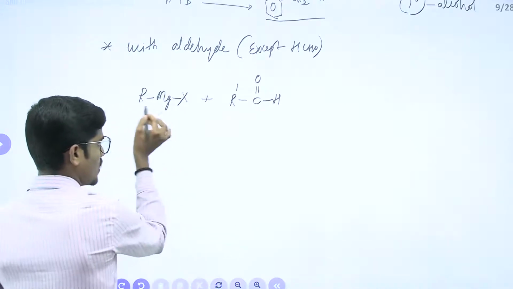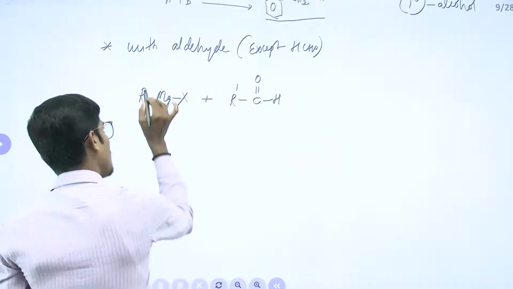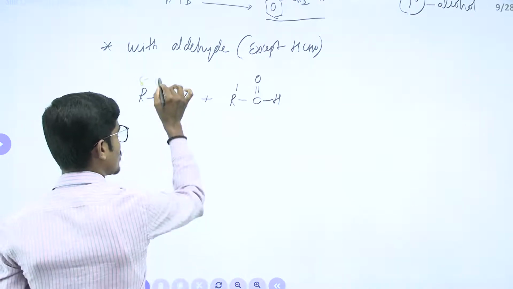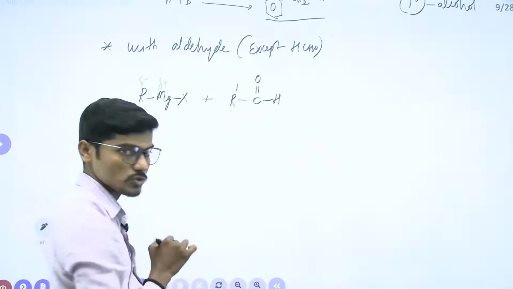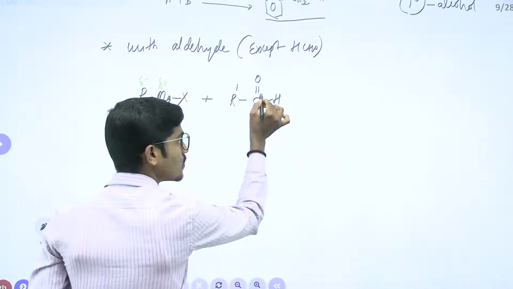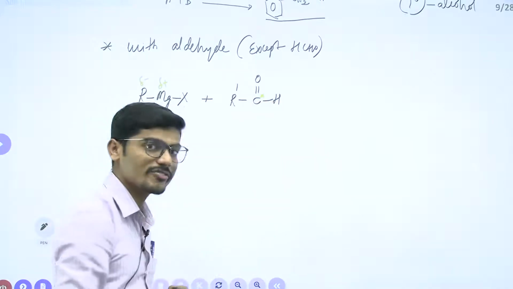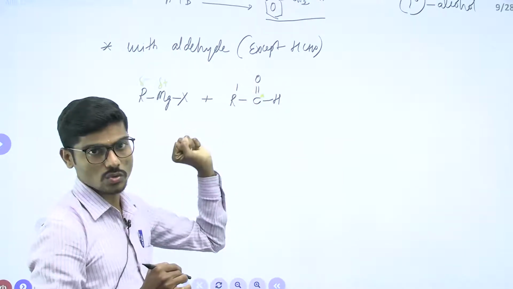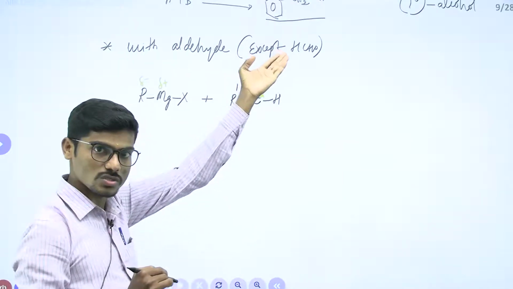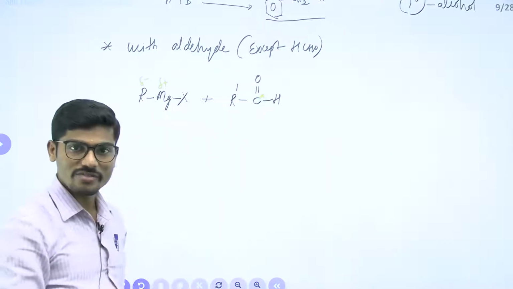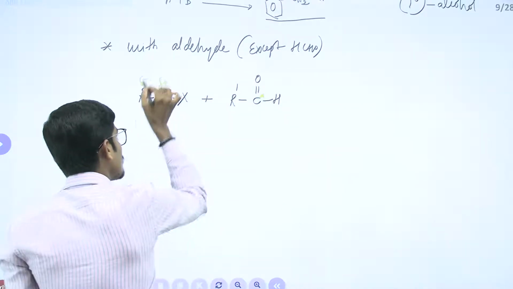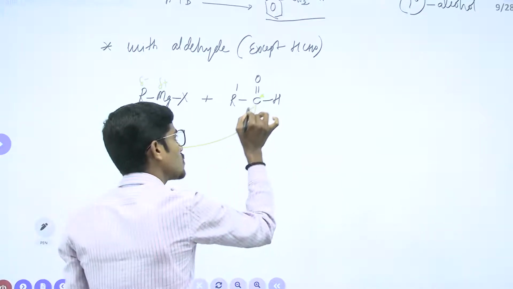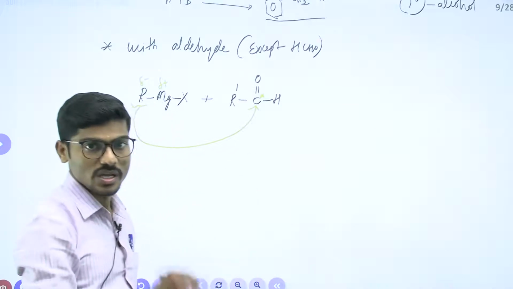Here from the Grignard reagent, this R part will be partially negative, electron rich, because the magnesium is more electropositive, and this carbon is electron deficient because of the polarity of this bond. Oxygen is more electronegative, the electrons are attracted towards oxygen, so this carbon will be electron deficient. As a result, this R part, the alkyl group, will attack this electron deficient center immediately.